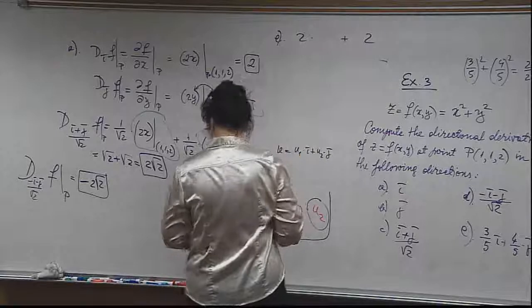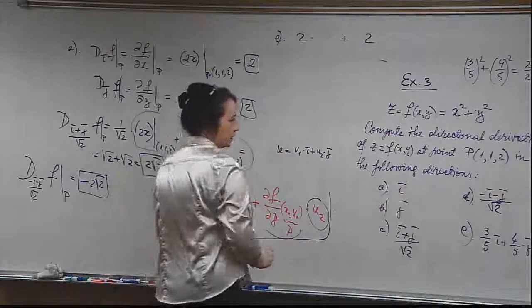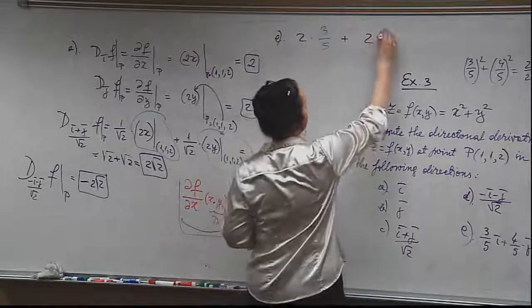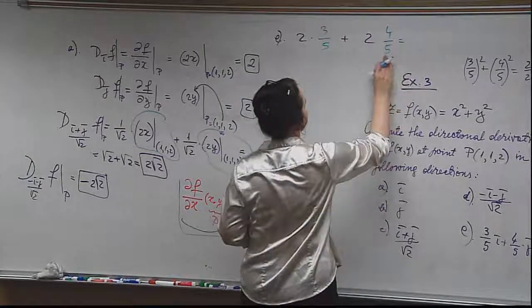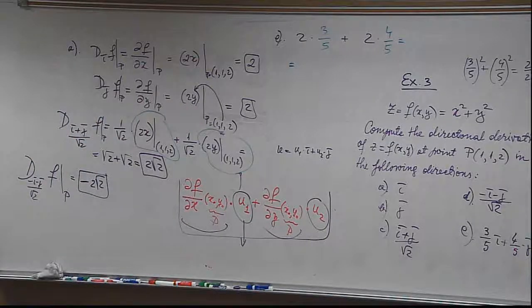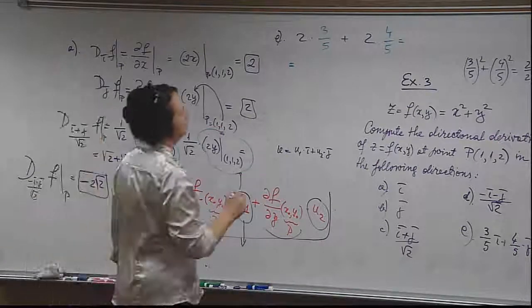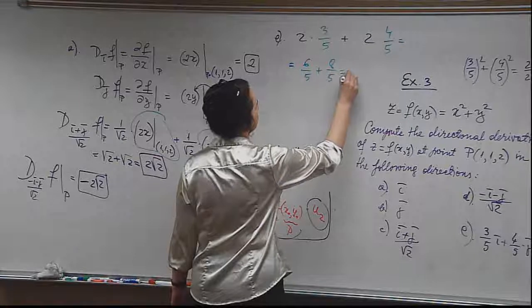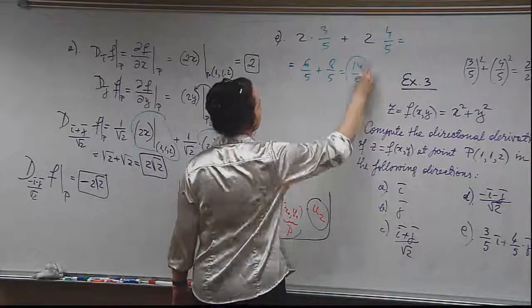What changes is the blue guys. It's going to be 3 over 5 and 4 over 5. And what do I get?